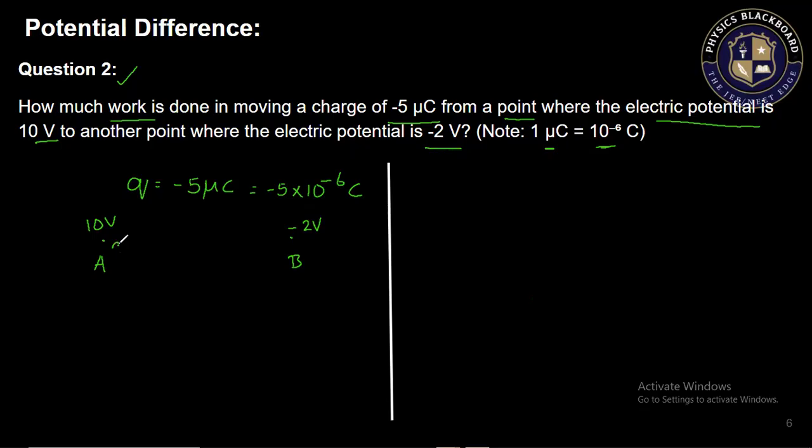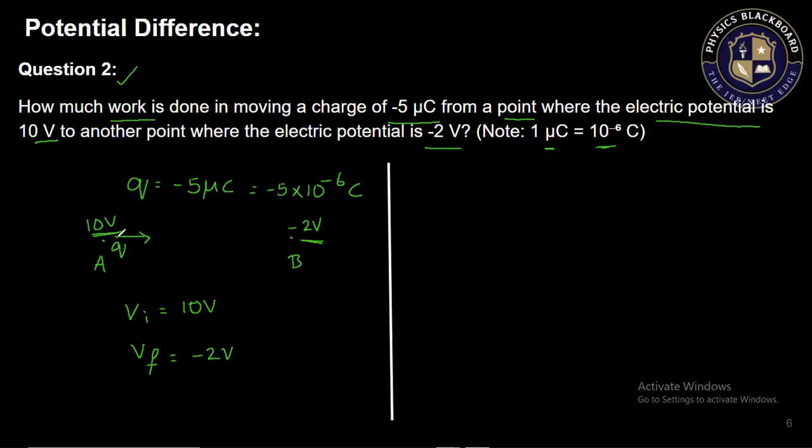So a charge should move from point A to point B. Yes, there is a difference between the potentials of these 2 points. We need to find the potential difference first. So let's say the initial potential is taken as 10 volts, whereas the final potential is taken as -2 volts.